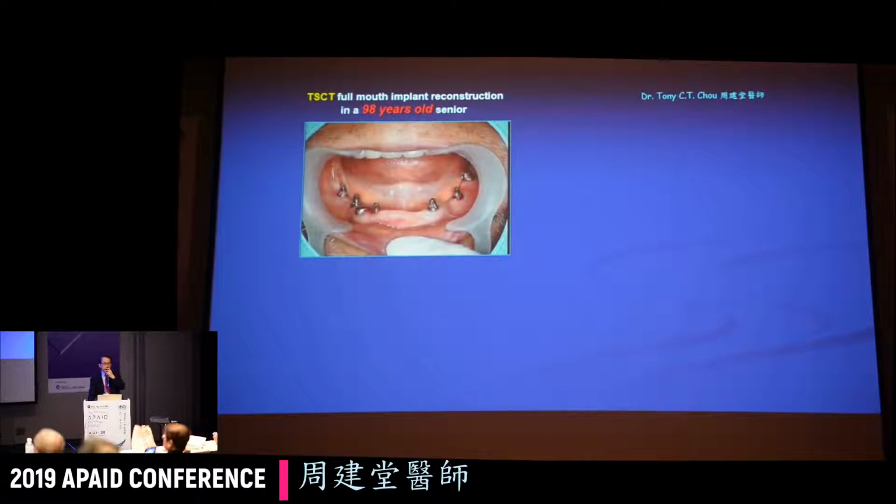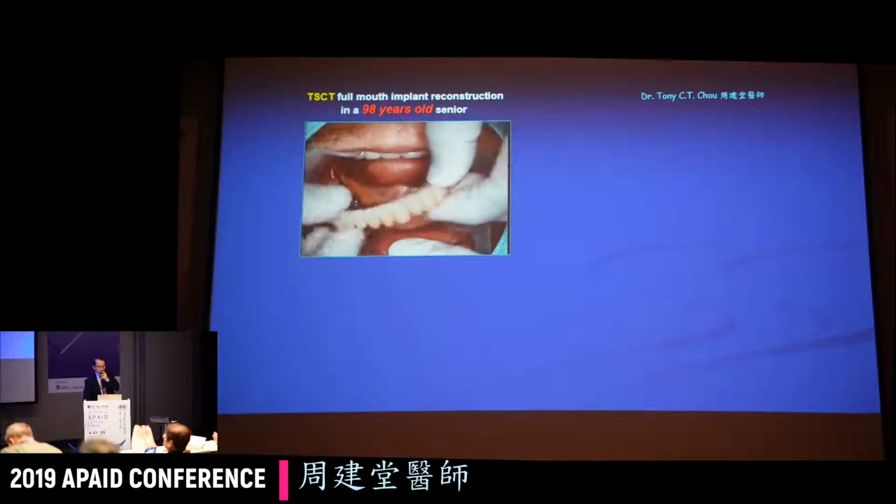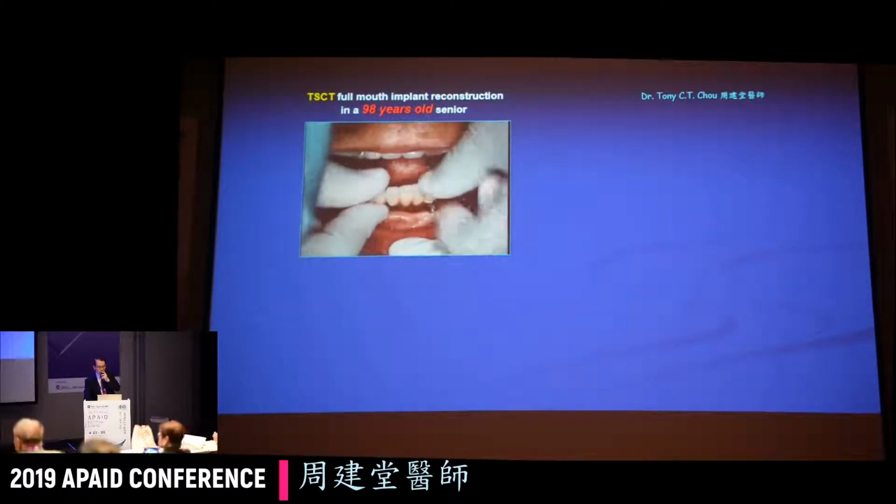Okay, one last case I'd like to show you, a 98 years old senior. We did full mouth implant reconstruction by my TSCT one operation implantology. You see, this is a 98 years old senior.